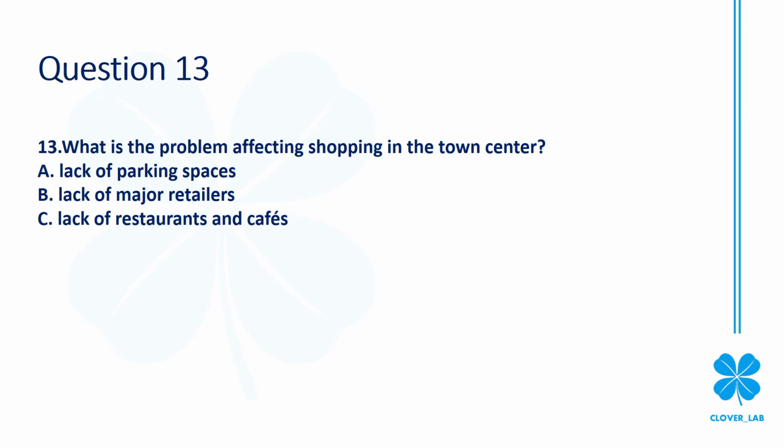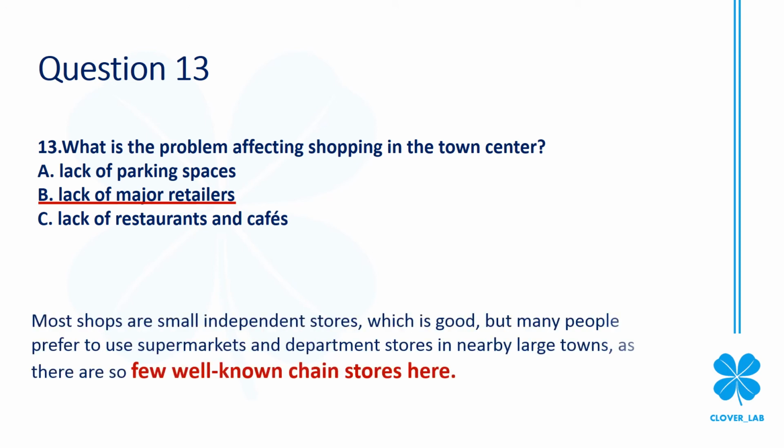Guys, what's the answer for question 13? Correct. It's the B. You know, the speaker tells us most shops are small independent stores, which is good, but many people prefer to use supermarkets and department stores in nearby large towns, as there are so few well-known chain stores here.